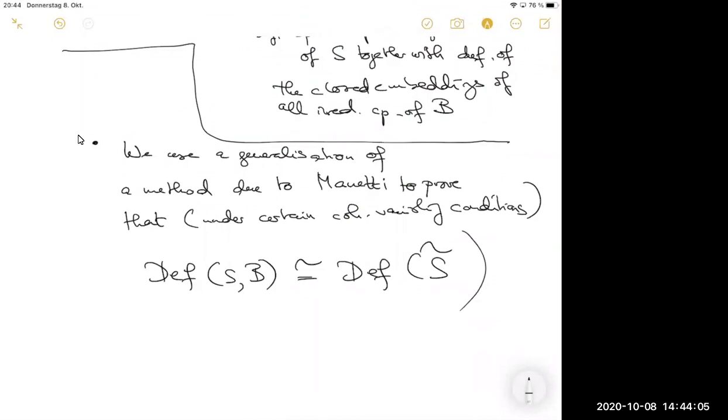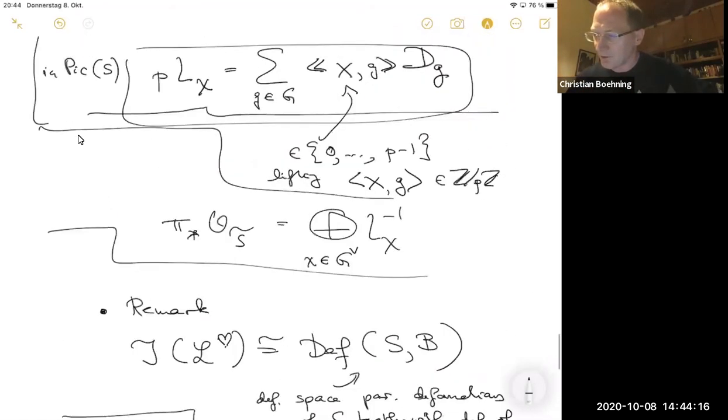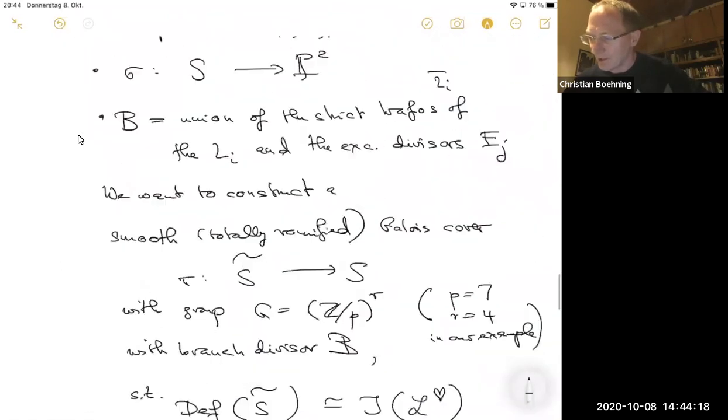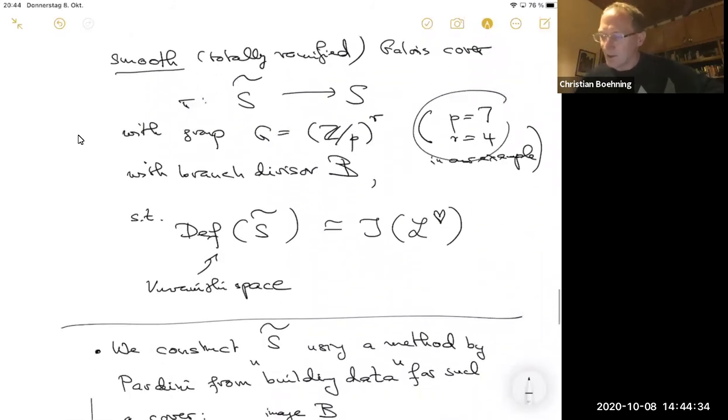But in your isomorphism, there is no building data anywhere. Yeah. Well, maybe I didn't say it correctly. I say we have to choose. We have to construct the cover at the beginning, so that, first of all, it is a cover of the desired type. It is smooth, a totally ramified Galois cover with a certain group G. So we choose, eventually for us, it's this group Z/7 to the fourth, and such that we also have this isomorphism in the end.